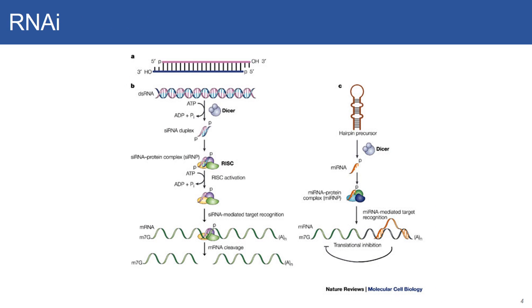Lastly, we use RNAi, sometimes called RNA silencing. It's very commonly used to see transient effects, and basically you take the complementary strand of an RNA and deliver it to a cell, which knocks down gene expression.